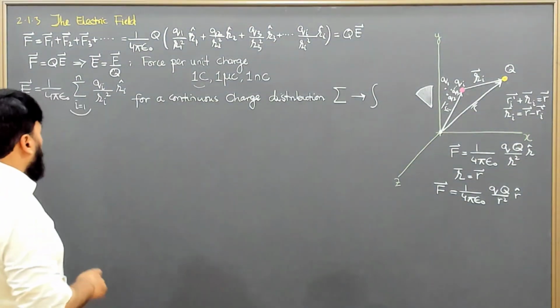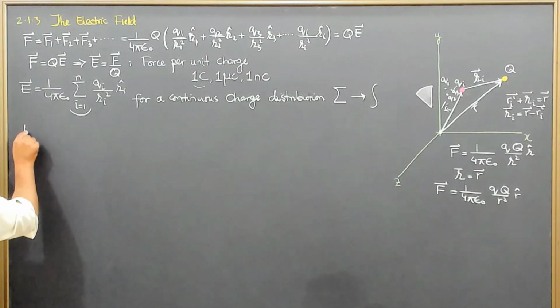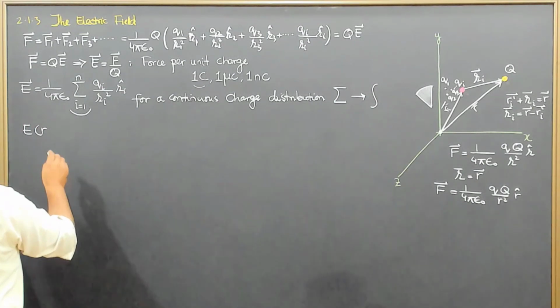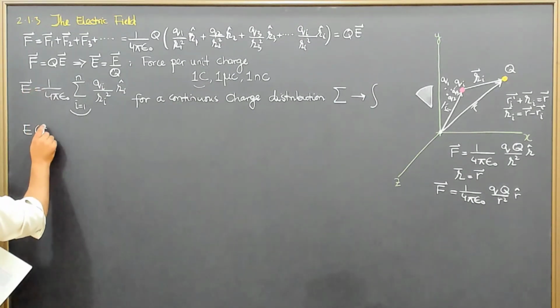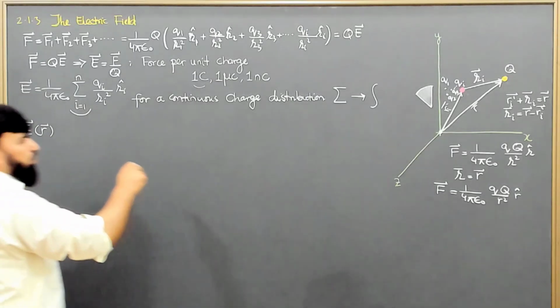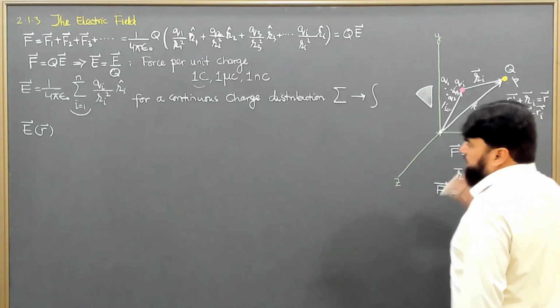And I will write E of R, the electric field at R here, which is our observation point. This is observation point P here.